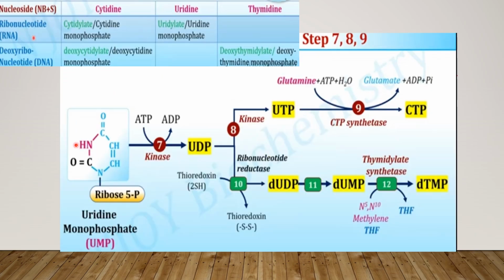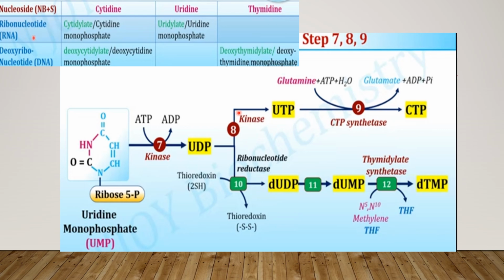In reactions 7, 8 and 9, in reaction 7, this uridine monophosphate by the help of the enzyme kinase is converted to uridine diphosphate. Here the phosphate group donor is ATP.